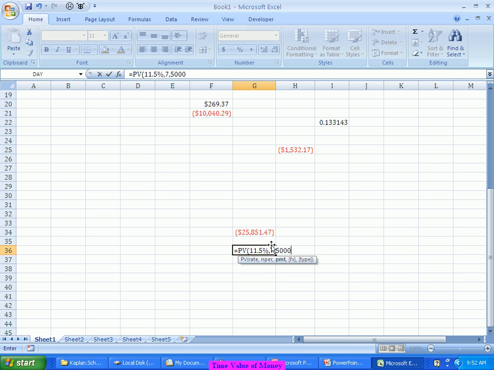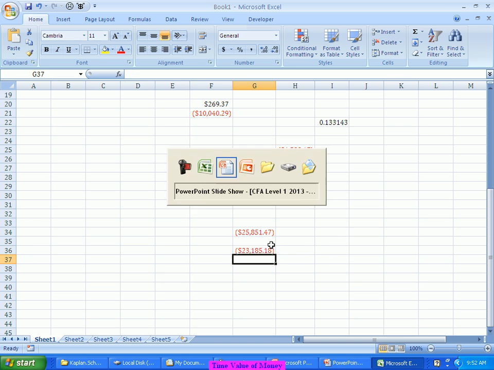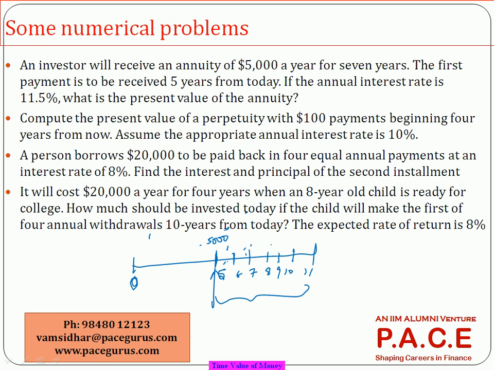PMT is 5,000. FV is 0. So this is some 23,000. Keep them aside. So, which means my value as on this date, the present value is nothing but the value today. But because we have shifted there, today is that day.